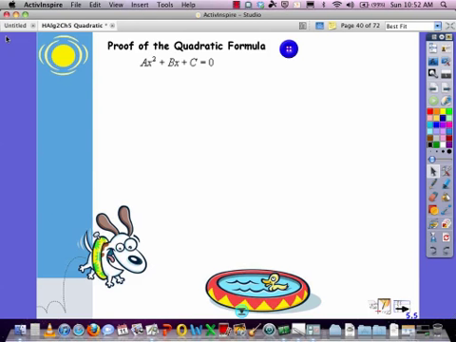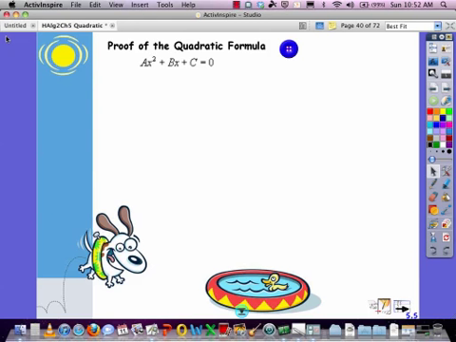If we were going to solve this quadratic, notice there are no numbers in it, so it's in its generic state. We would have to apply the same steps we've been using to complete the square in solving and getting it ready to be in vertex form.